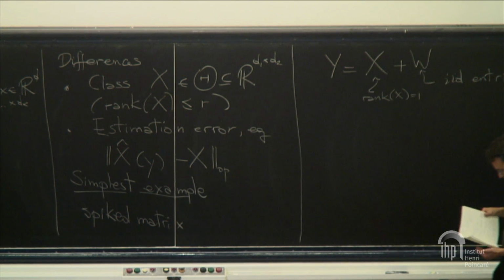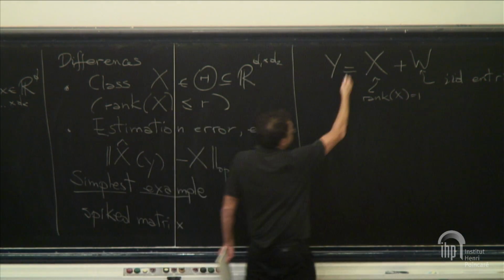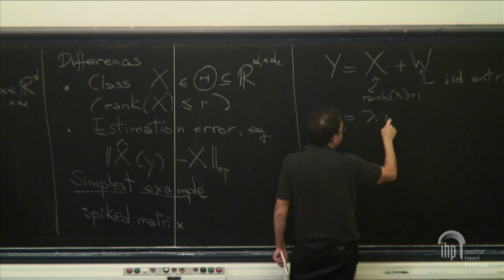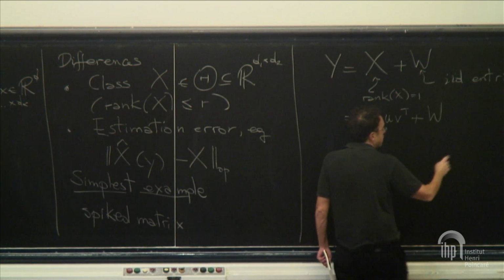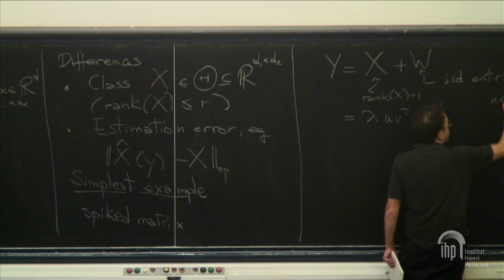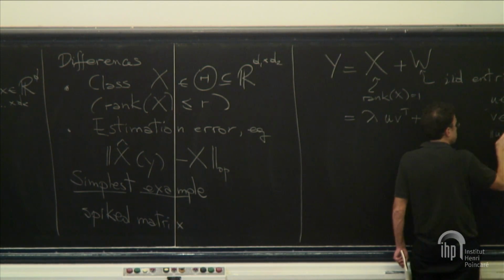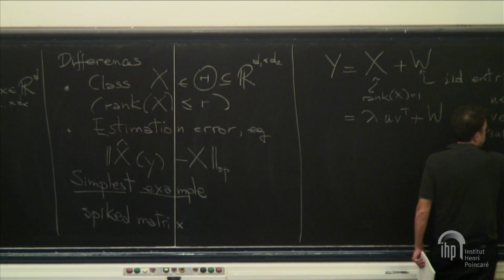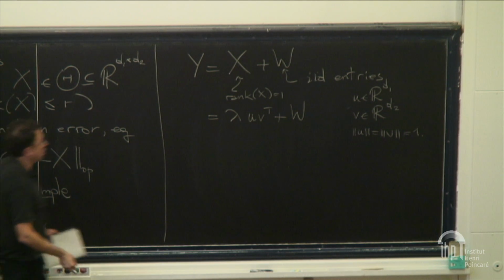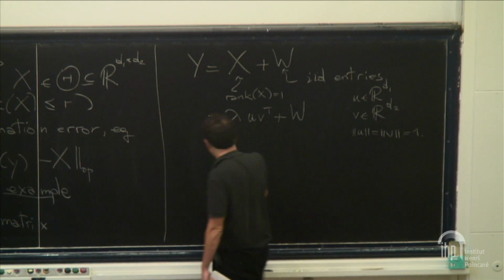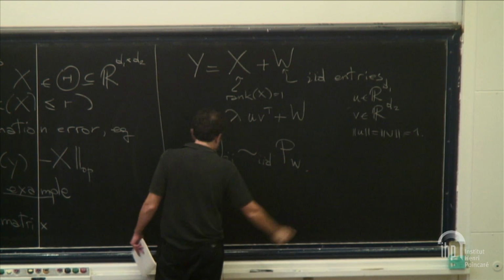Okay. So another way to write this, since this is a matrix of rank 1, is to say that this is a coefficient lambda times u v transpose plus noise, where u is a vector of dimension d1, v is a vector of dimension d2, with norms equal to 1. And this noise has IID entries, so we can think, for instance, that W_ij are IID with some common law.